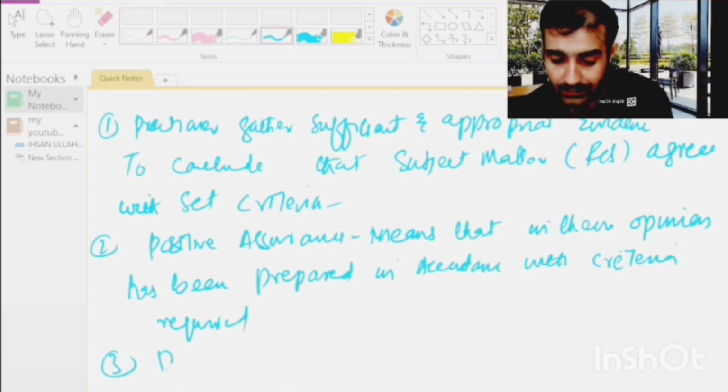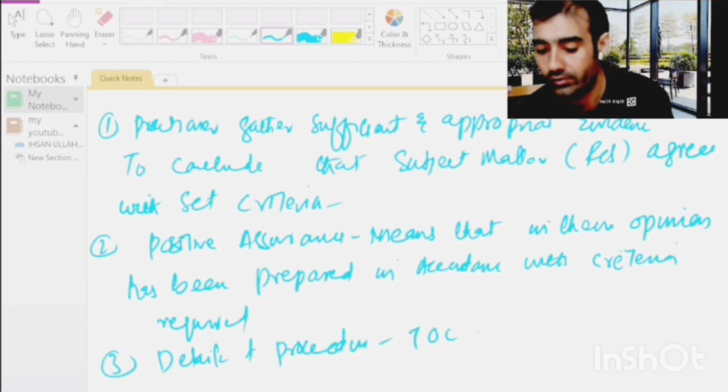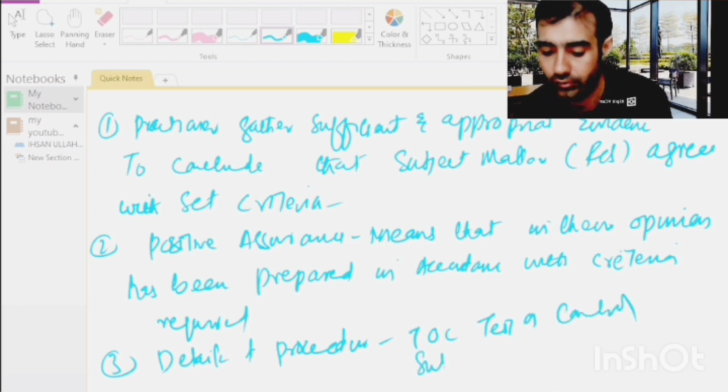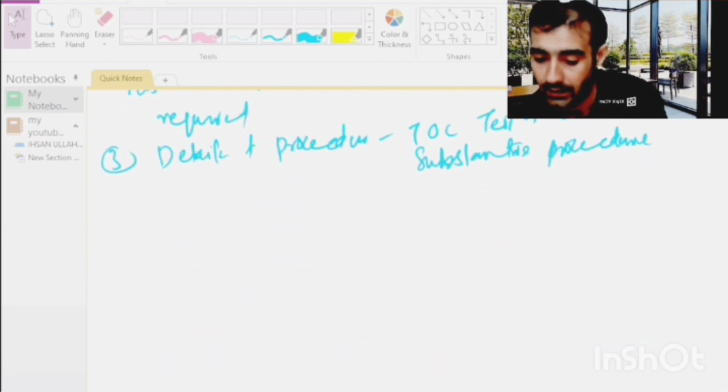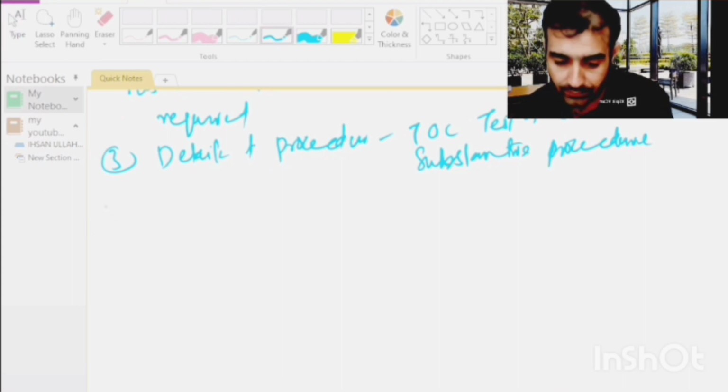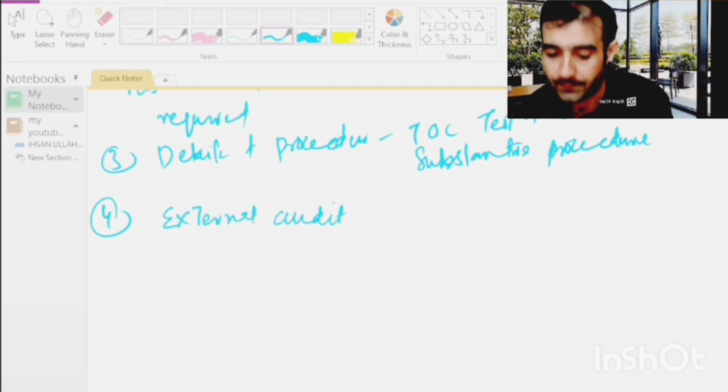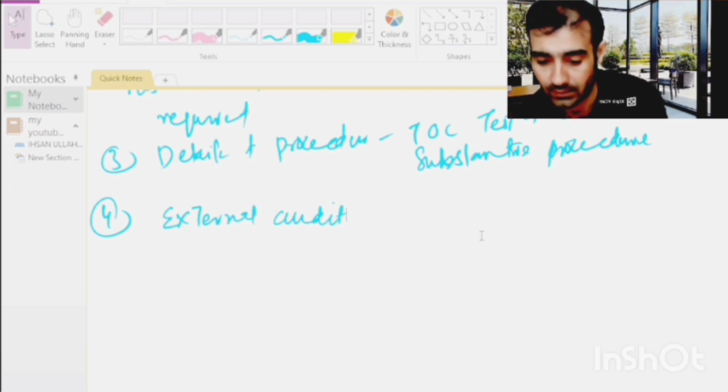Okay, and this is the detailed procedure, meaning we are doing TOC, that is called test of controls, and we also do some substantive procedures. We will discuss in a later chapter what TOC and substantive procedures are. And the example for this is the audit. External audit is the example of reasonable assurance.